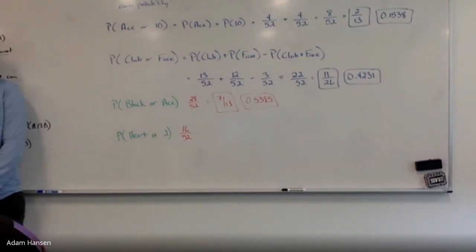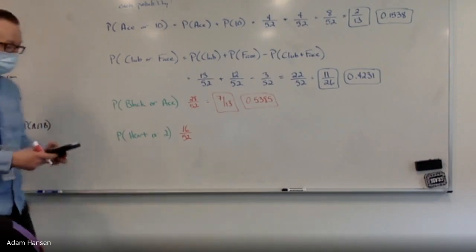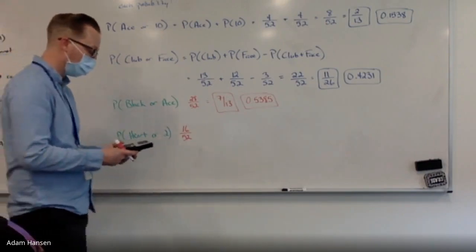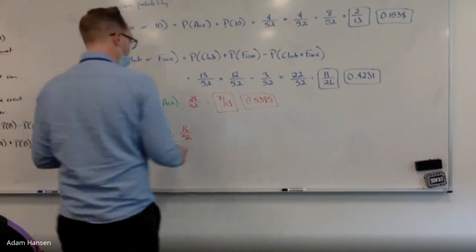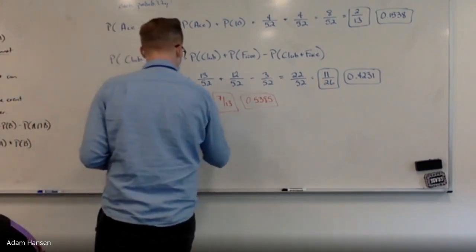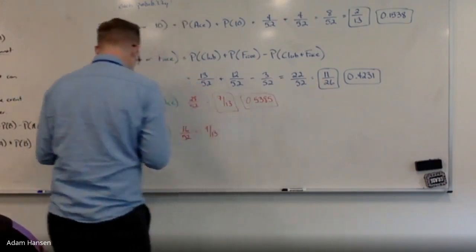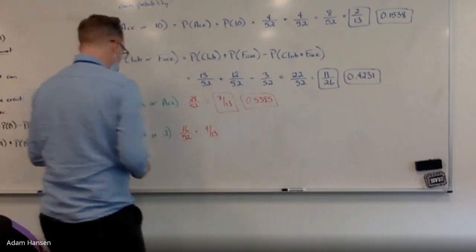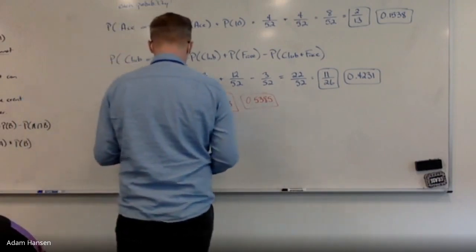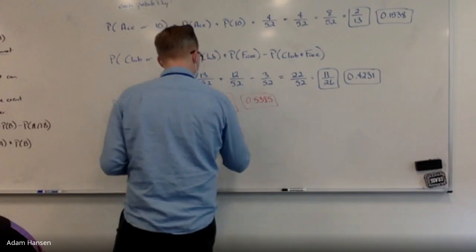There's 13 hearts, and there are 3 more twos I haven't accounted for already. Or you could do 13 plus 4 minus 1. 16 out of 52 reduces down to what? 4 out of 13. As a decimal, 0.3077.